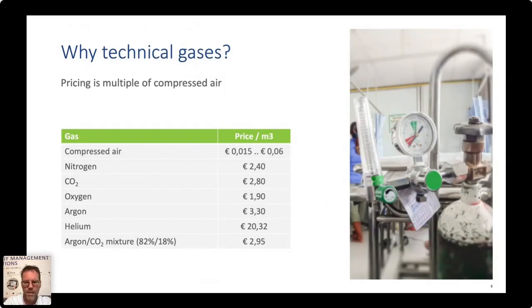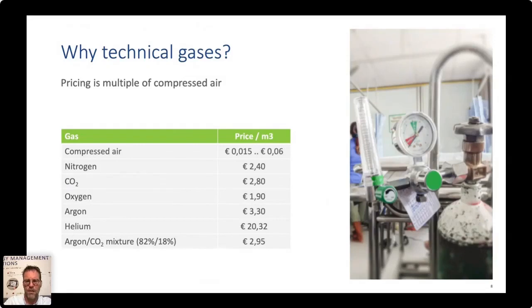So measuring those gases, not only by just measuring the pressure at the cylinder when it's empty, but really measuring the flow going to different departments can be very rewarding. And in a lot of cases, you will find equipment turned on while it could be shut off, or you will find small leakages of nitrogen, etc.